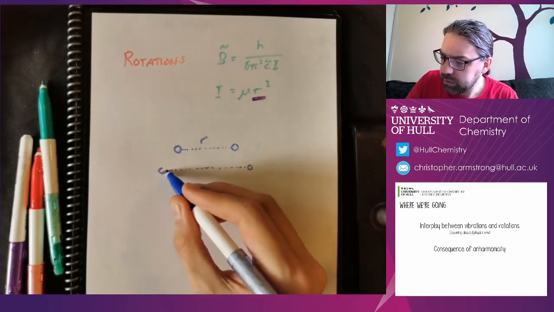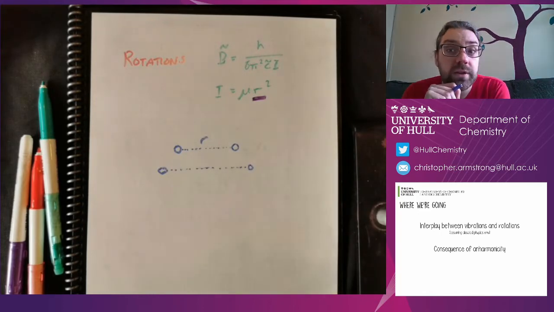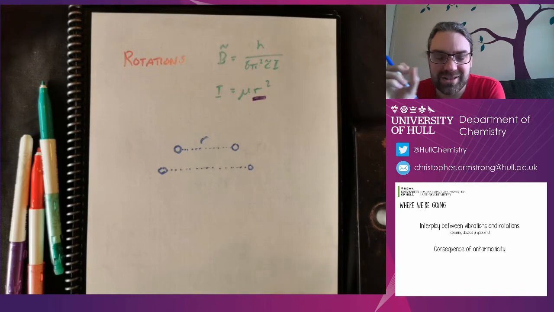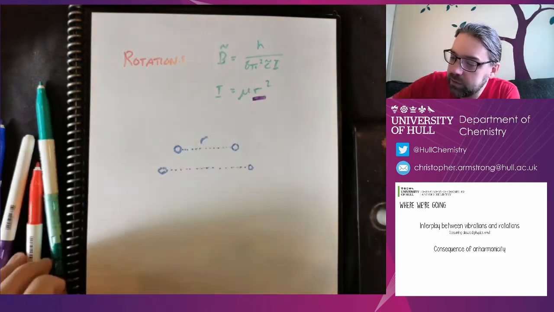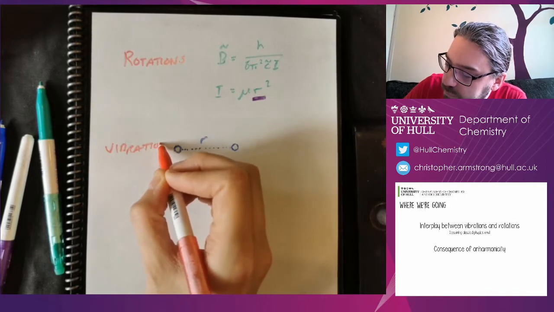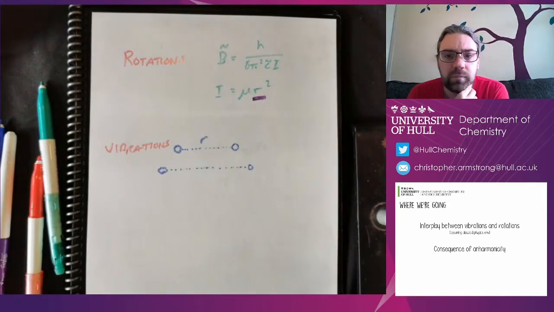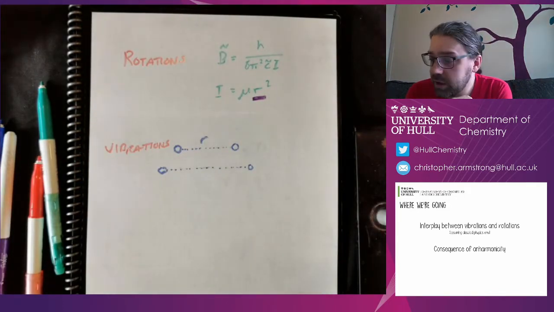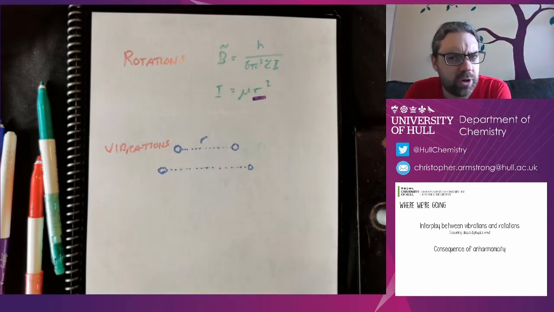R is a bit bigger. So that means the rotational constant will change. Throughout the vibration, there's actually an interplay between these vibrations and the rotations. So R is going to change, and therefore B changes. So things are a bit more complicated.